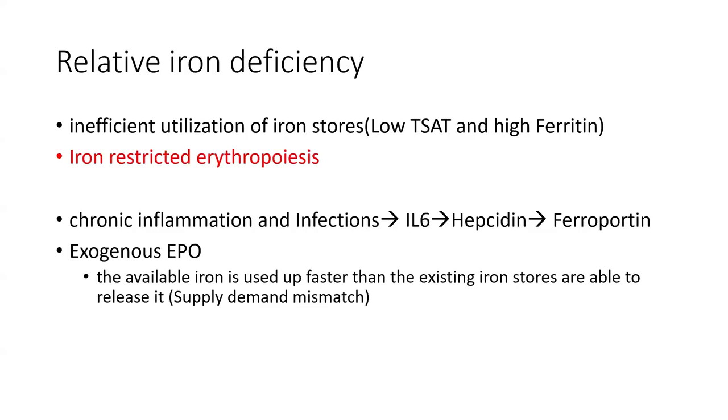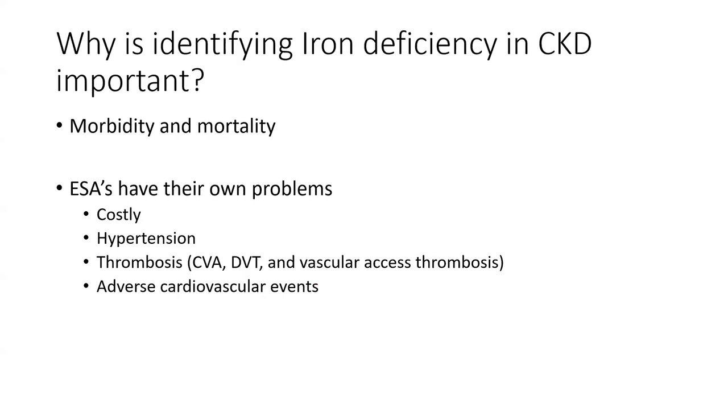The same scenario can arise in a different setting, that is iatrogenic. For example, if you are treating a patient with exogenous erythropoietin, there can be a situation when the available iron is used up so fast that the existing iron stores are not able to release it. So there is a demand and supply mismatch, which again can produce a similar situation.